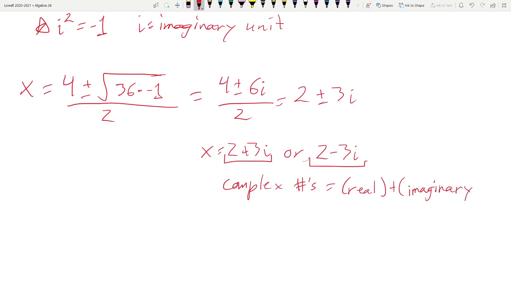What's nice about this, and really interesting, is that when we're dealing with how complex numbers come out as solutions to quadratics that don't have real solutions, notice that every time you do this, you're going to have 2 plus 3i and 2 minus 3i, or 5 plus 7i and 5 minus 7i.